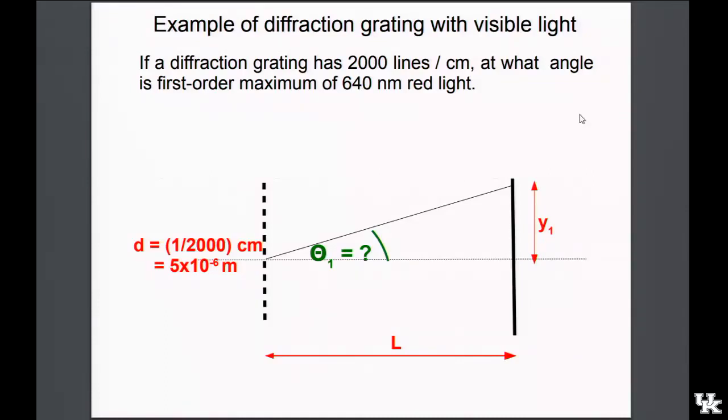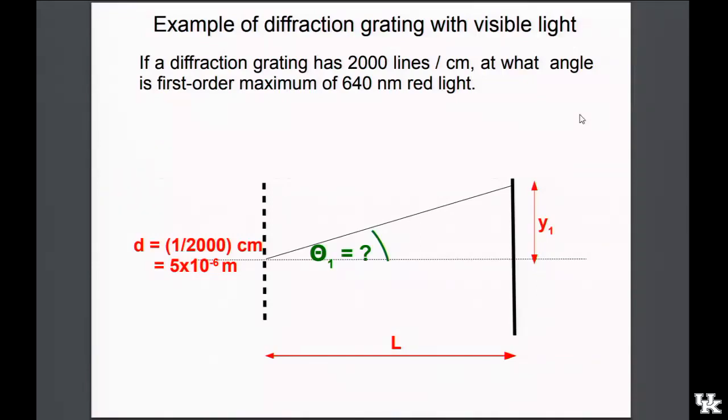So that's why this question says you've got a diffraction grating that is 2,000 lines per centimeter. What that really means in terms of slit separations is that if 2,000 slits are spread over a centimeter, then 1/2000th of a centimeter is the distance between adjacent slits.